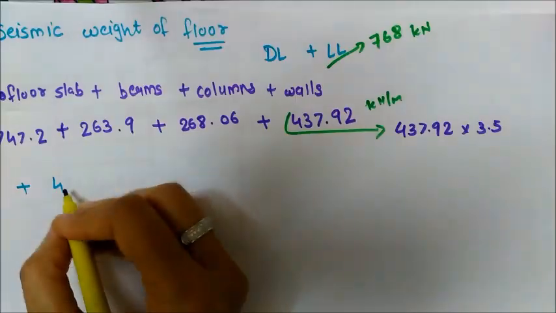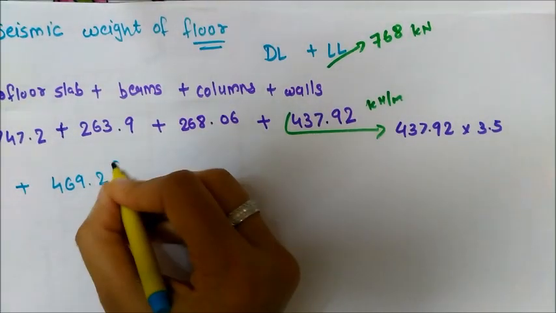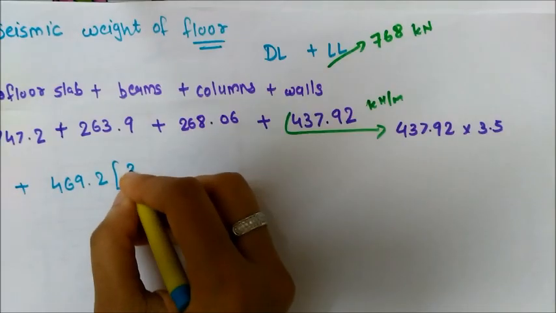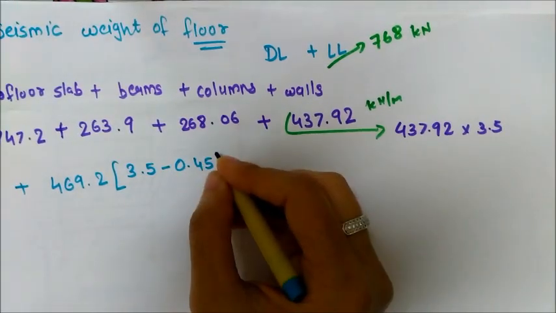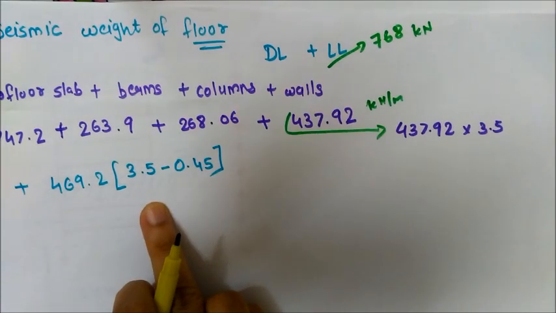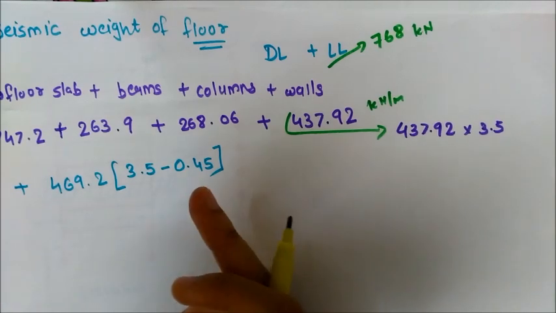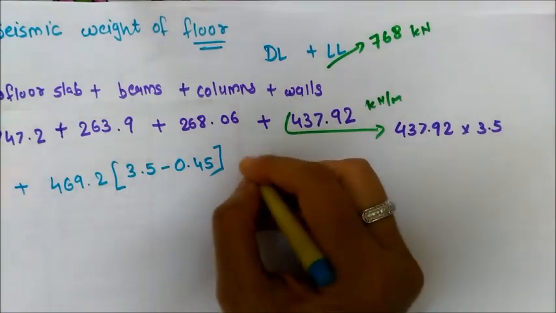Similarly, we have to consider the walls. The longitudinal wall is 469.2, and we have to multiply by the length, and as we discussed, the depth of the beam should be deducted. Here you don't have to divide by 2, because we consider half of the story from the upper portion and half of the story from the bottom portion, and eventually it will be one story.